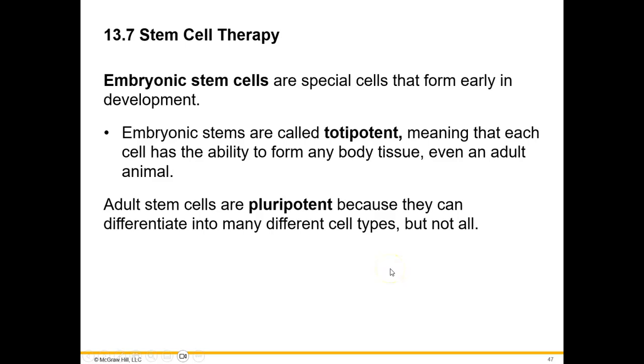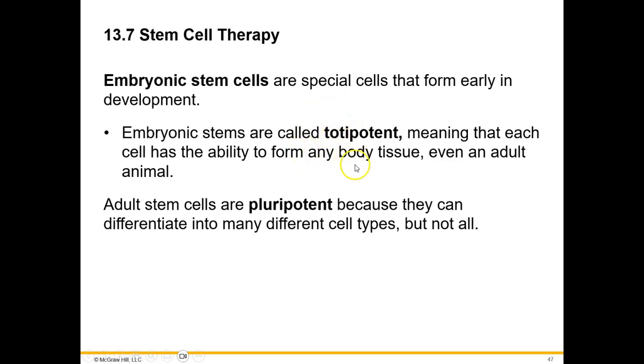When we talk about stem cell therapy, we're usually talking about embryonic stem cells. Embryonic stem cells are the special cells that form really early on in development. They're really special because they're totipotent, which is one of possibly the best words in biology, I think, because it matches so well with the meaning.